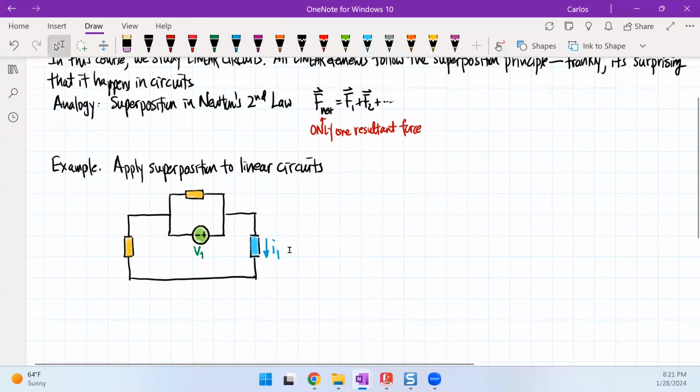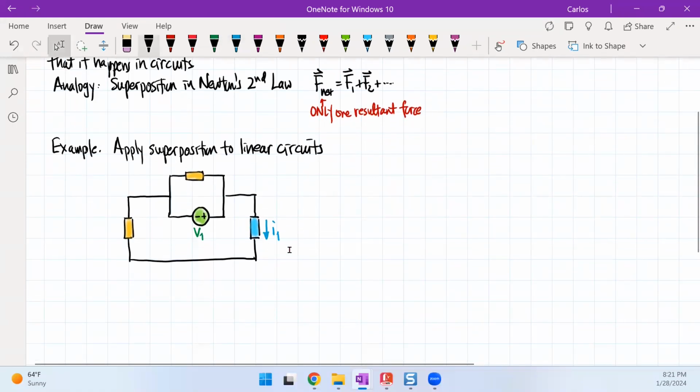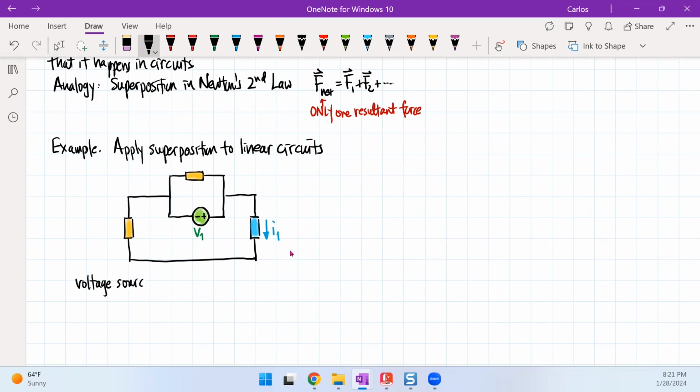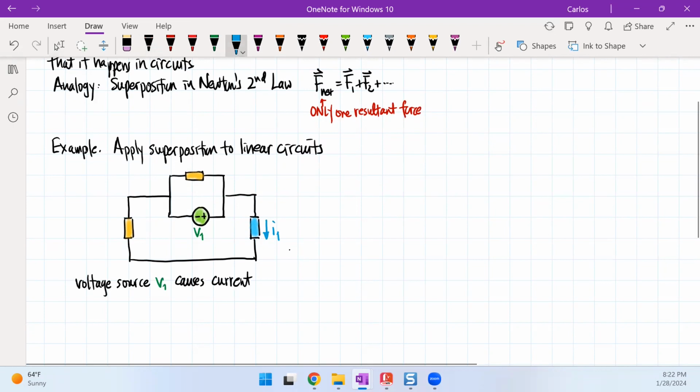So what makes sense here is that we could then say that the voltage source V1 causes current I1. In other words, I1 and V1 are proportional to each other.